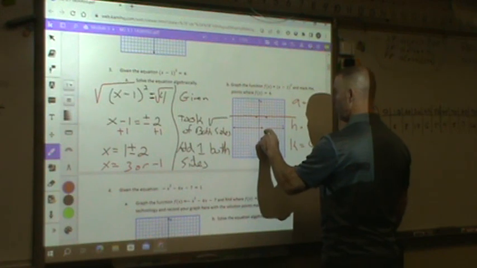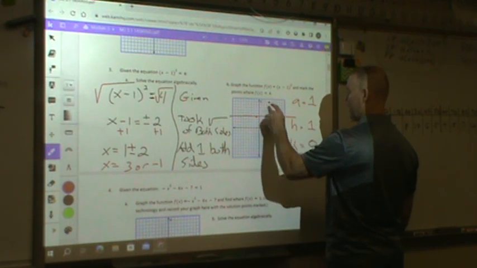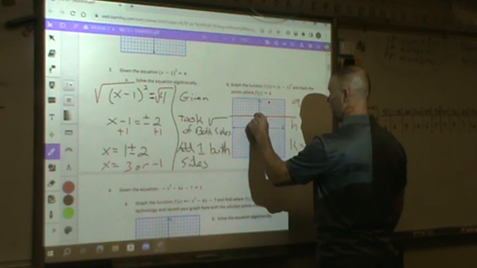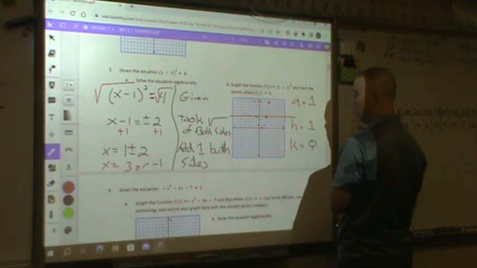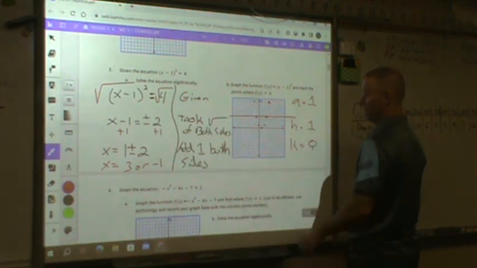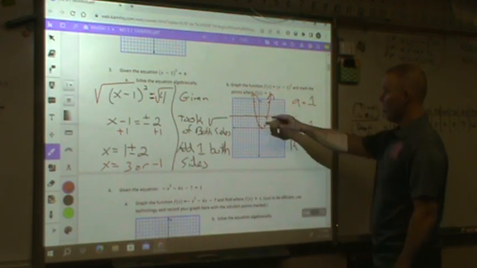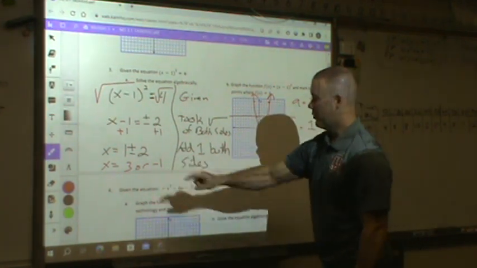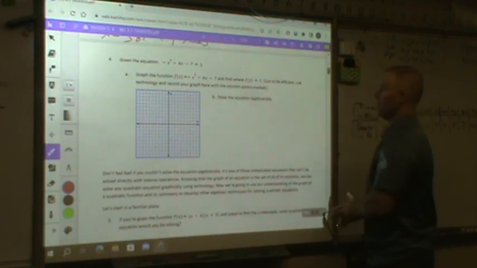So at (1, 0), right 1 up 1, right 2 up 4. Hey, it is. Right 3 up 9. Mirror those on the other side. My y-intercept is (0, 1), which I don't see that anywhere. You're not going to, because it's not in the correct form. And there's your graph. But I said at 4, 3 and negative 1, those points. All right? Number 4, this one was kind of tough.